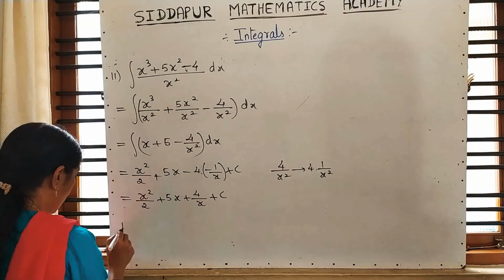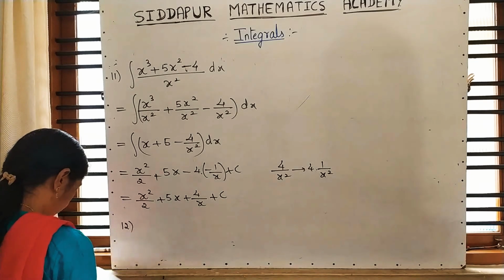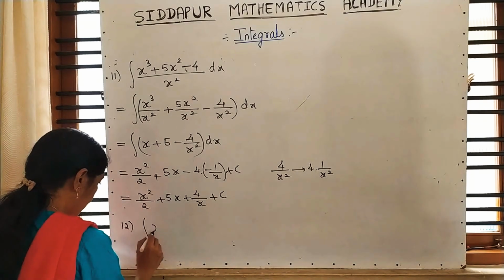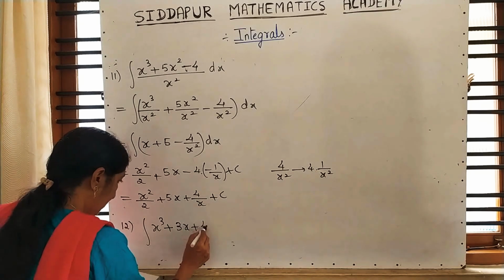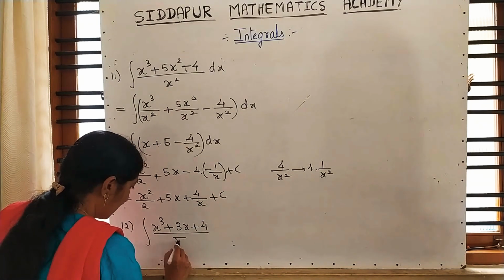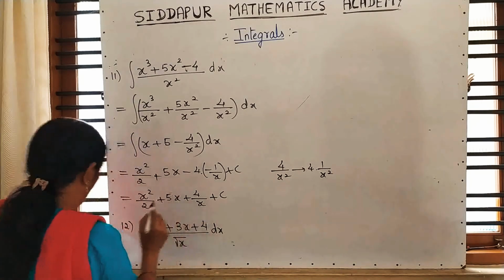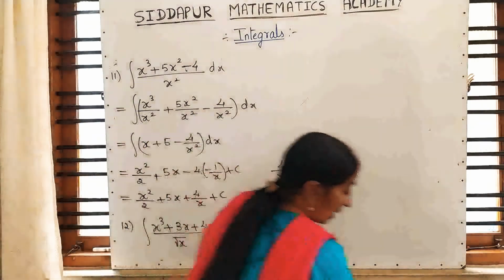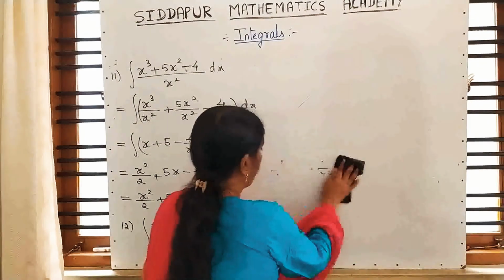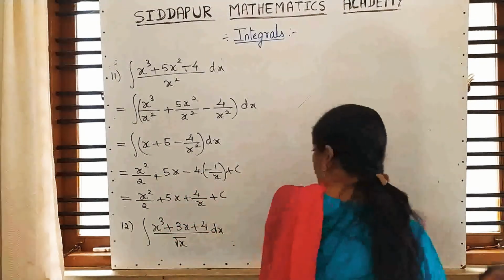Next question. Question number 12. X cube plus 3x plus 4 divided by root x. And already you are familiar, we cannot apply u by v method, and in previous classes already I explained these type of examples.